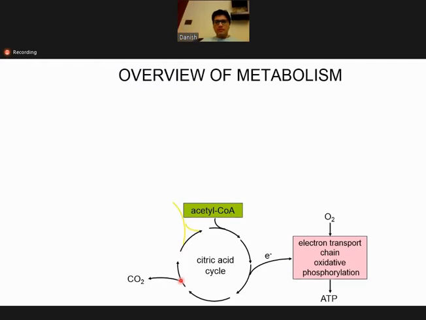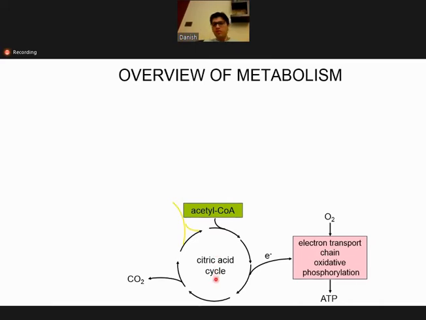Now, when we see the overview of metabolism, as you can see here, we have the TCA cycle, the citric acid cycle, which breaks down acetyl-CoA, a two-carbon compound. Acetyl-CoA enters the TCA cycle and forms NADH, which captures the chemical energy in the form of hydrogens or protons.